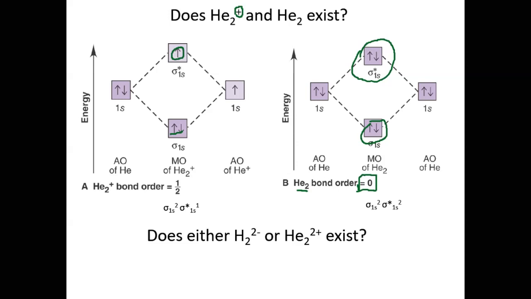Now for H2 2-, this would have 4 electrons, which would relate to having a completely filled bonding and antibonding orbital.